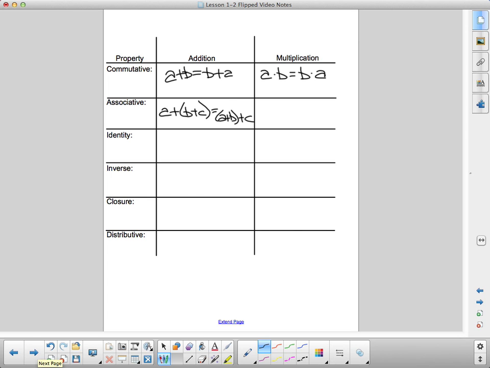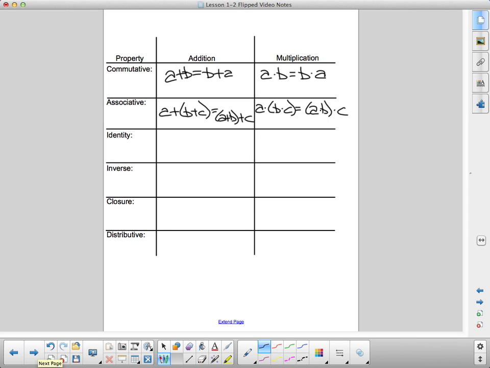Doesn't matter our order. Same thing with multiplication. (A times B) times C will be equal to A times (B times C). Again, our order is not mattering with addition and multiplication.